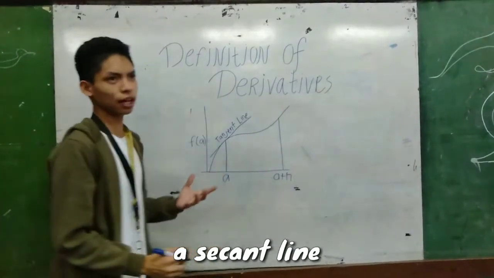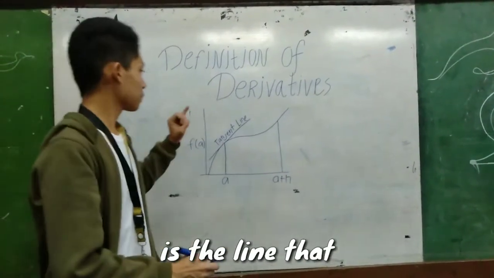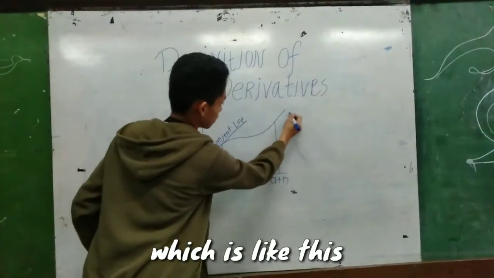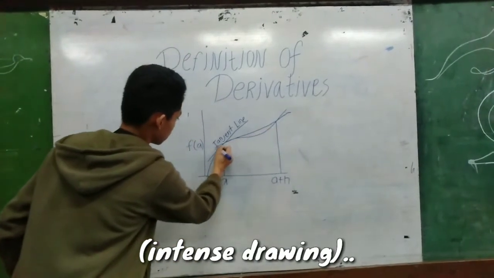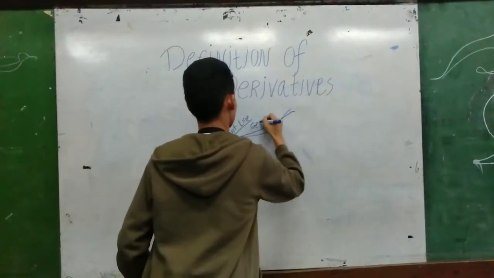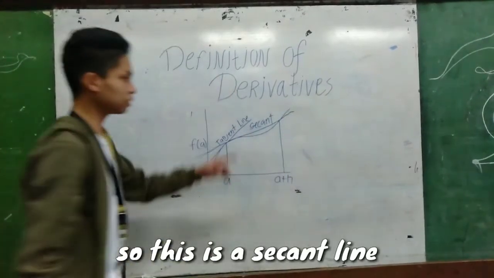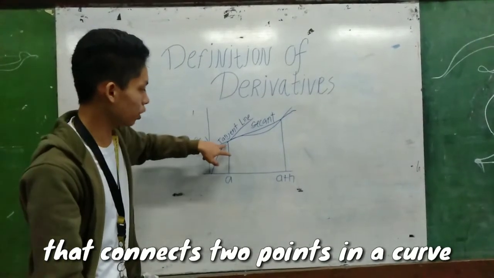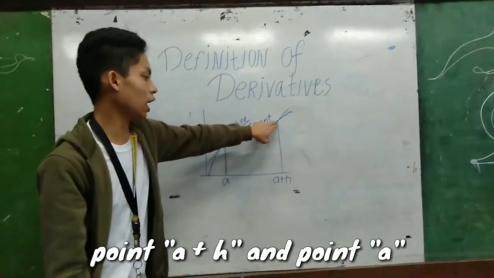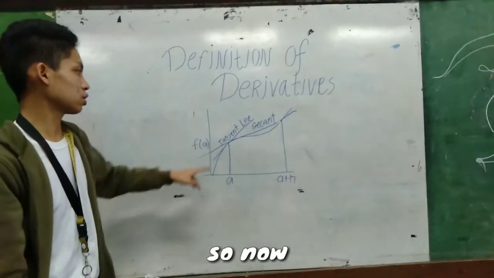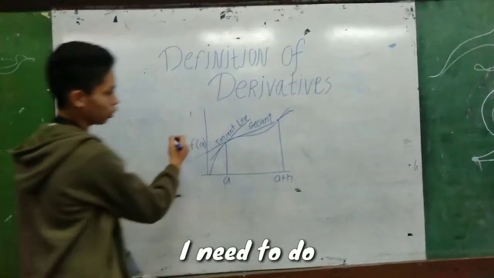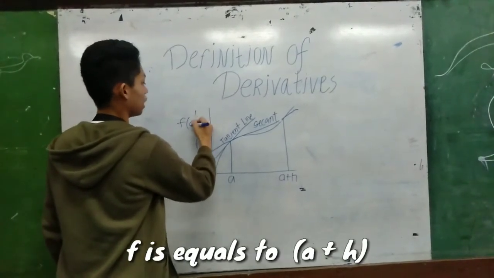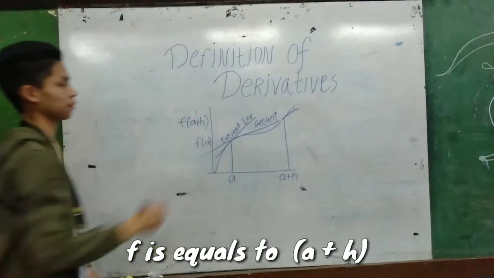The second line is the line that connects the 2 points on a curve, point A plus H and point A. So now, I want to show that this point is f of A plus H.